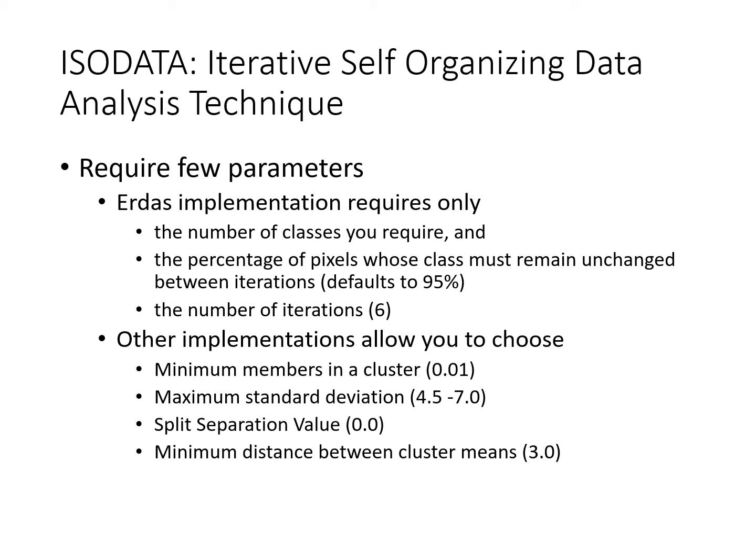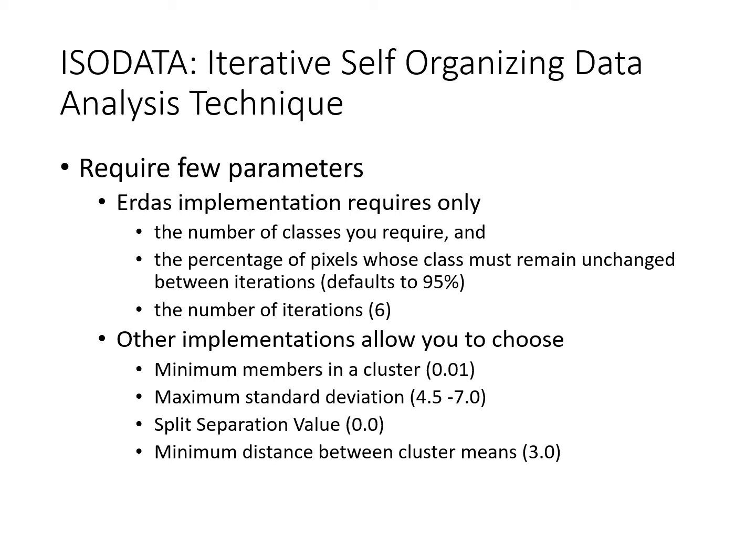When the amount of change falls below a given threshold, and the default is 95%, if 95% of the pixels don't change class, then that's the point at which the clustering process will stop. Or if the number of iterations, the number of looks at the data, exceeds a given number that you give it, then it will also stop.